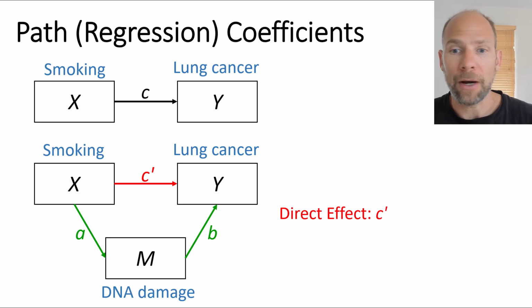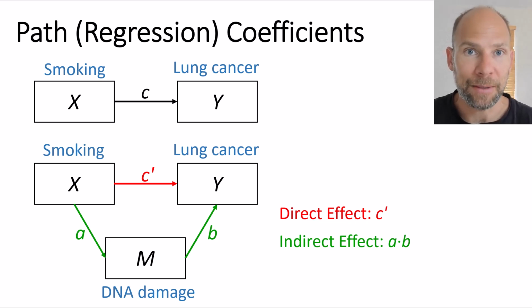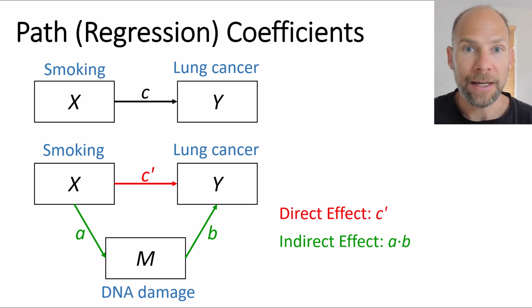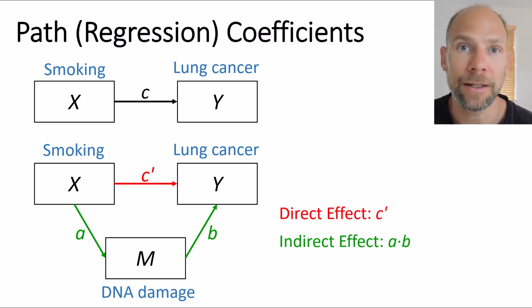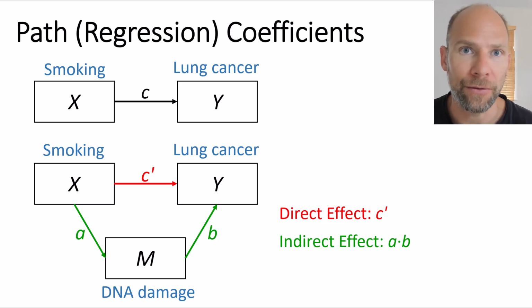First of all, I already mentioned we have a direct effect, C prime, and then we have the indirect effect, which is defined as the product of A times B. So the A and B regression coefficients are multiplied, and that quantifies the indirect effect of X on Y via M. And I have a separate video on this channel in which I discuss why the product A times B is what defines the indirect effect. So there's a reason for that, but that's what it is.